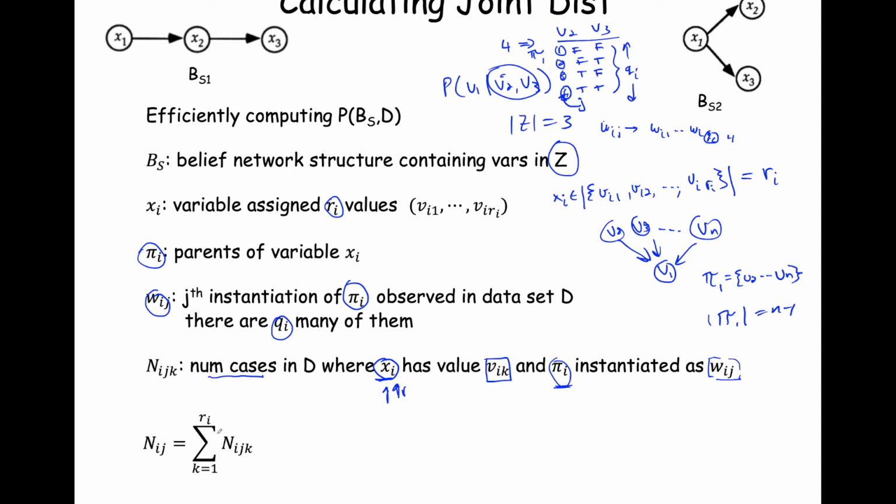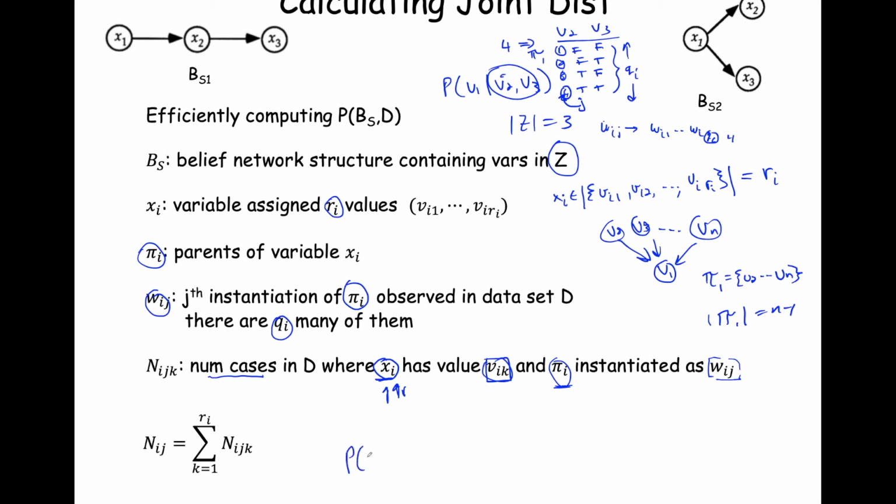And so here, when we sum, we're summing the number of cases in your data set for the first value, second value, third value, up to the kth value of the variable, where you have the jth instantiation for the parents. So what does this mean?